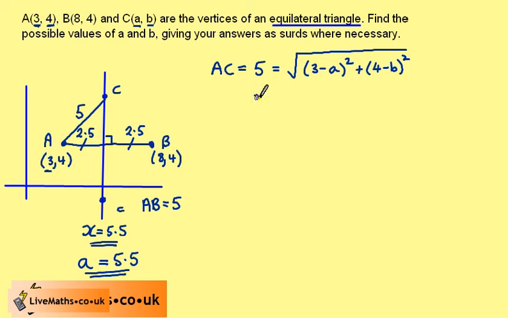If we square both sides, we get that 25 is equal to (3 minus a) squared plus (4 minus b) squared.